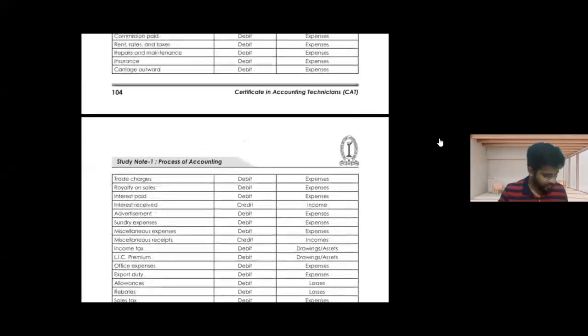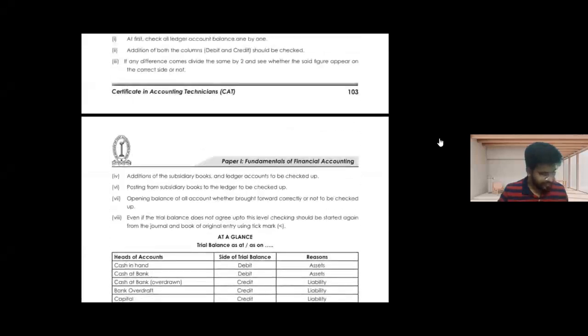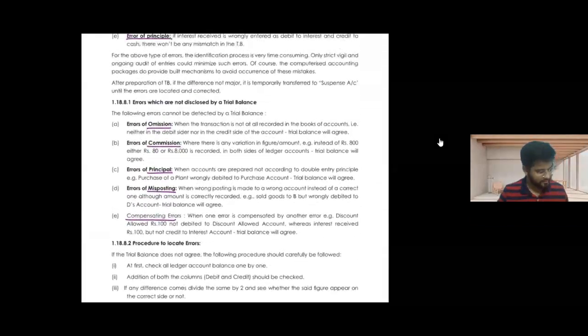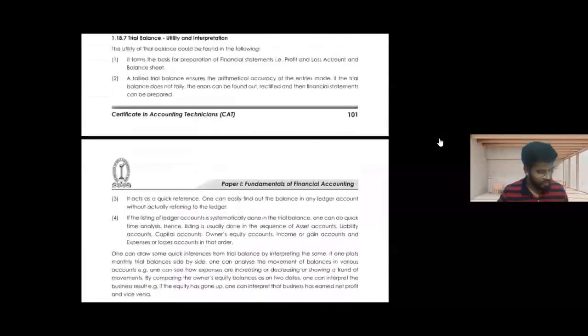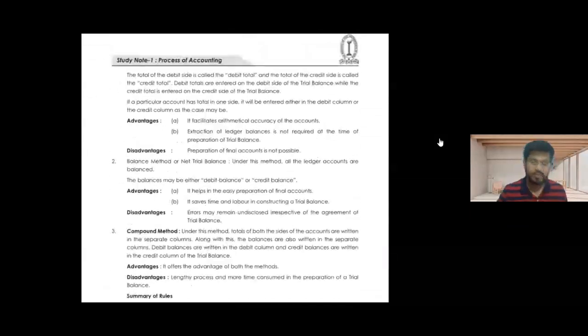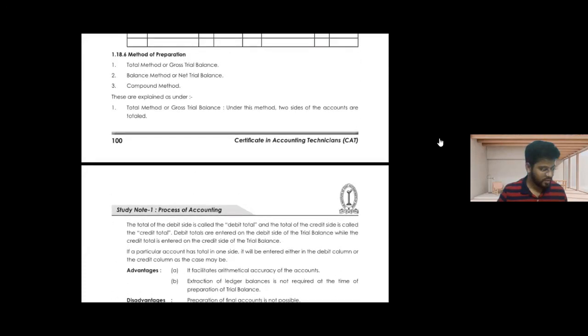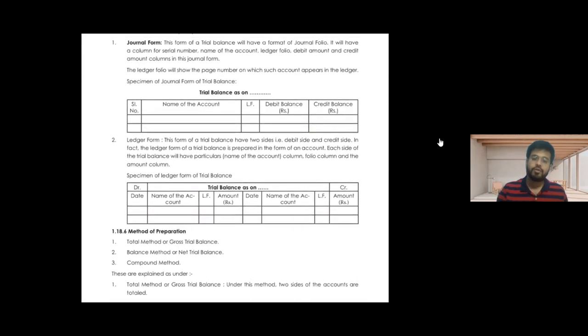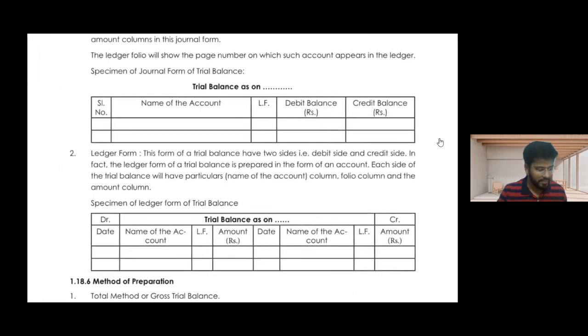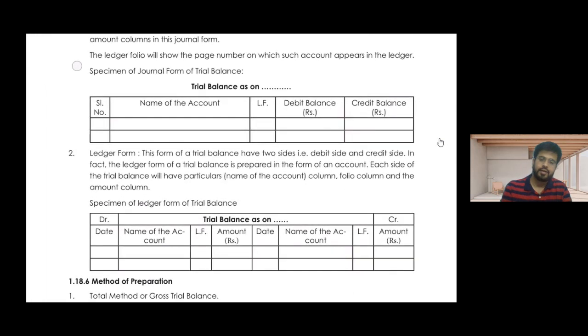I will just scroll it up for you. See, this is the journal form of your trial balance where you write the serial number, the name of accounts, the ledger folios, the debit balance and the credit balance.